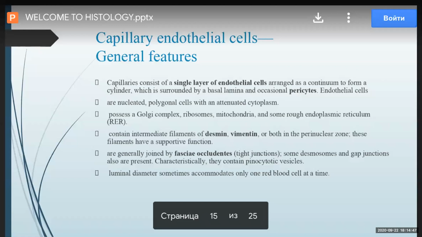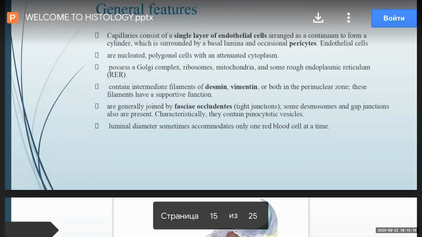And capillaries are nucleated, of course, it's logical. They have polygonal cells with attenuated cytoplasm. Okay, they also possess a Golgi complex, ribosomes, mitochondria, and endoplasmic reticulum as normal cells. Yes, they have all the organelles other cells have, and they contain intermediate filaments of desmin and vimentin. I hope you know why we need desmin and vimentin. It's for junctions and for support, like transport, yes?